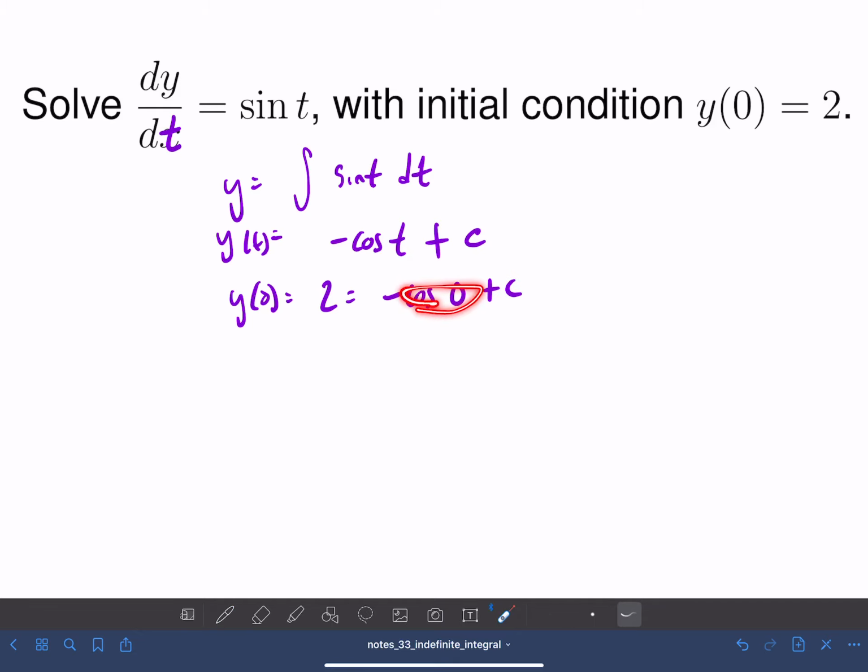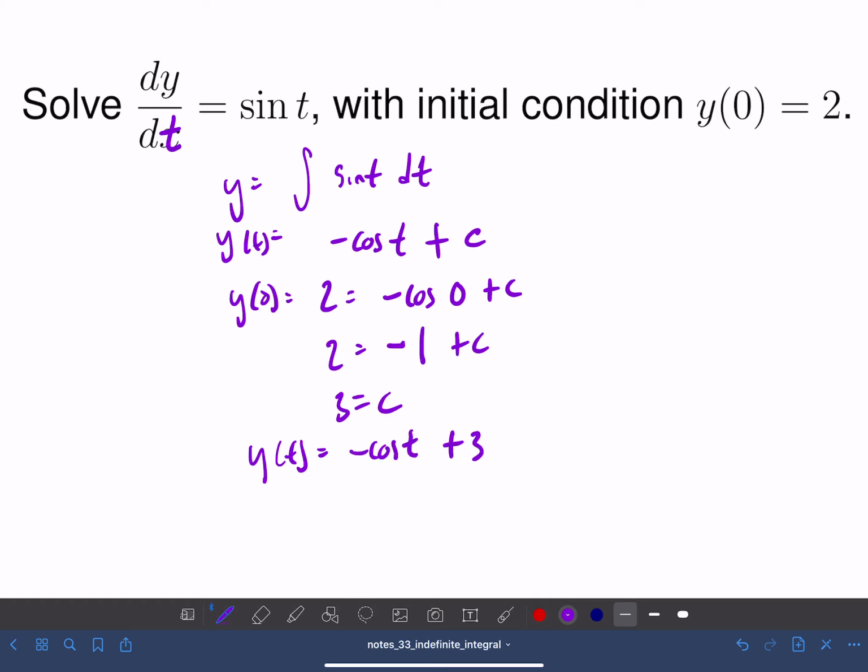Cosine of 0 is 1, so I have 2 equals minus 1 plus c, which means that c equals 3. Which means that y of t equals minus cosine of t plus 3.